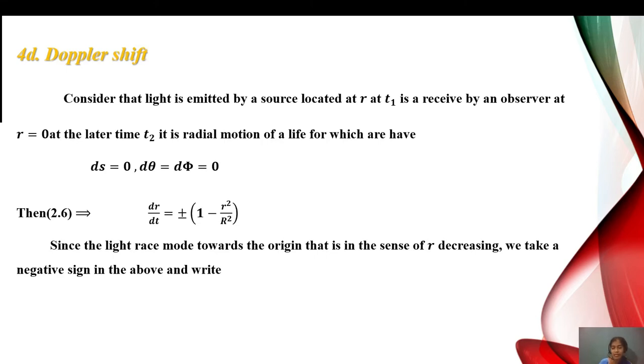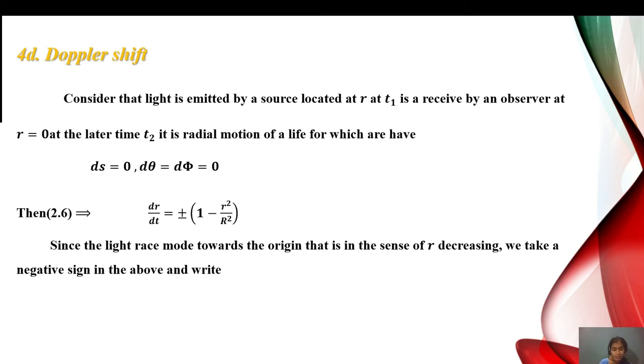The first is the greater or the lower form, that is, positive as well as negative. Since the light ray moves towards the origin, r is decreasing, meaning the radius decreases as the light comes from the source.